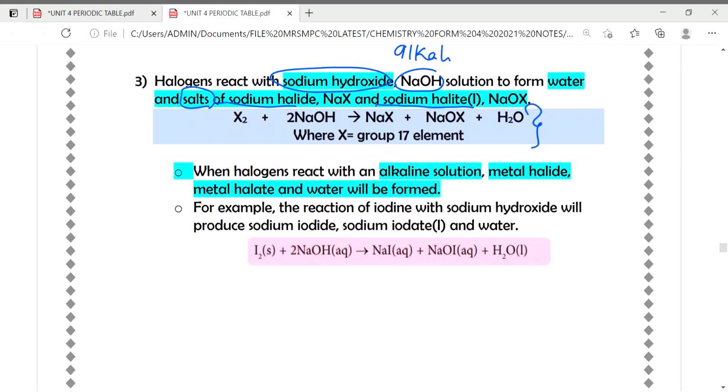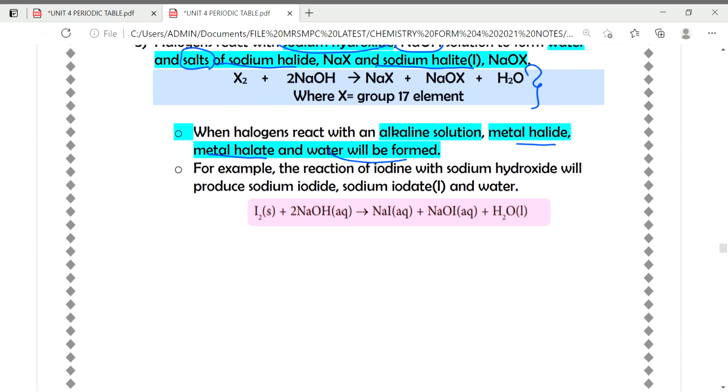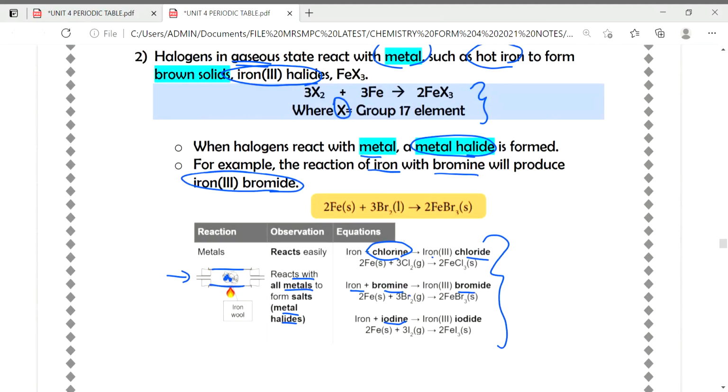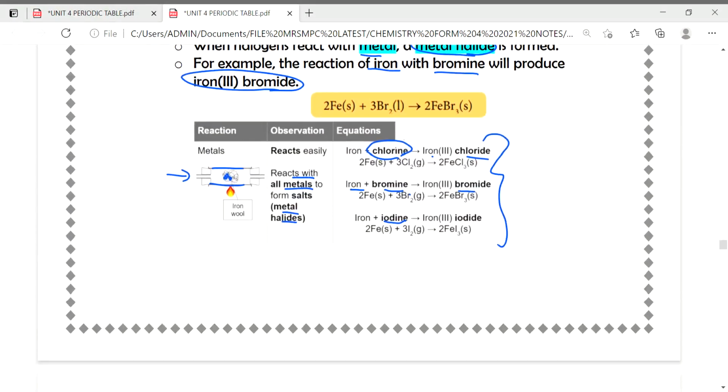And then when halogen react with alkaline solution, metal halide and water will be formed. Contoh, reaction of iodine with sodium hydroxide will produce sodium iodide, sodium iodate and water. Kena ingatlah dia punya produk-produk dalam setiap reactions tu. Okay, ada 3 reactions untuk group 17.